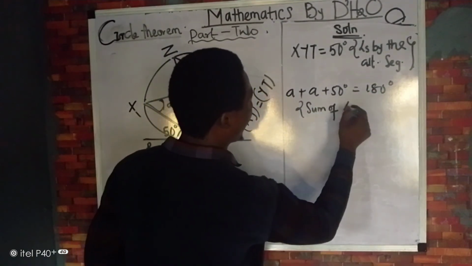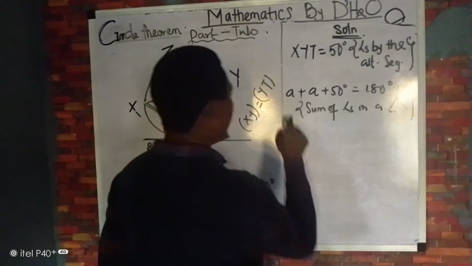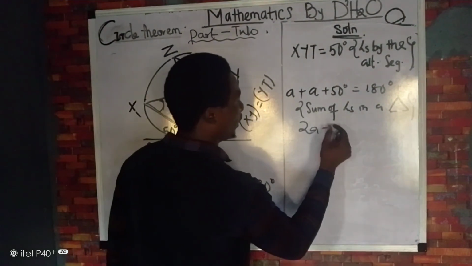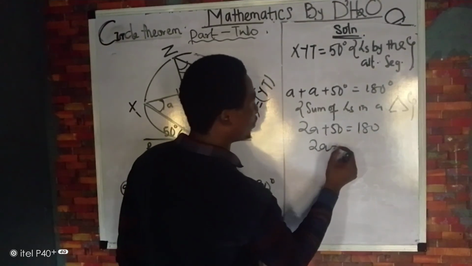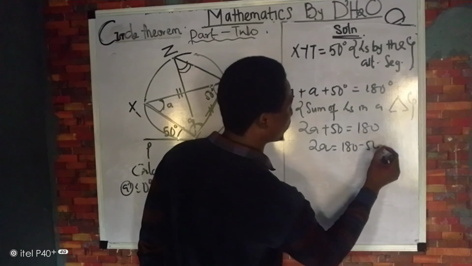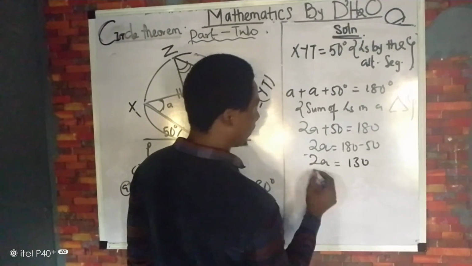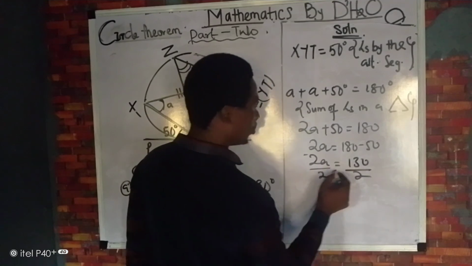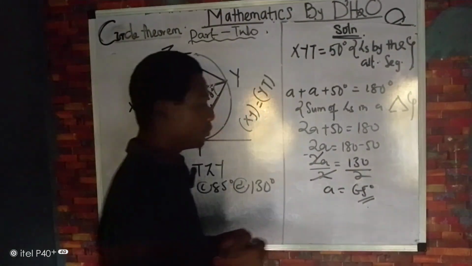Sum of angles in a triangle. Please note it. 2A plus 50 is equal to 180. 2A is equal to 180 minus 50, which is 130. Divide both sides by 2. A is equal to 65 degrees.